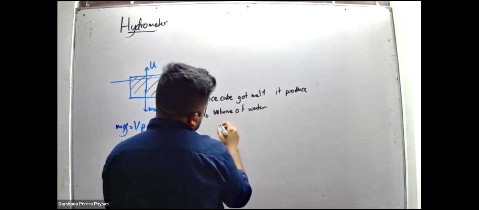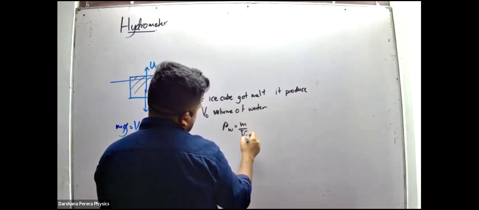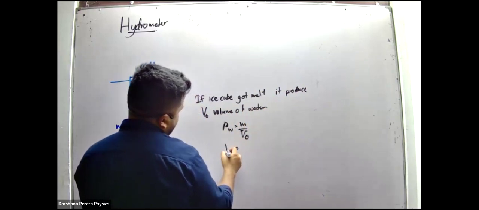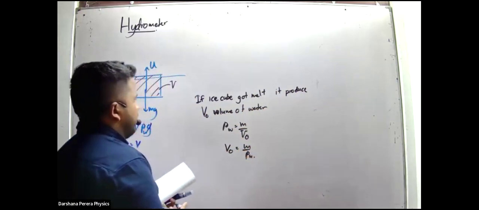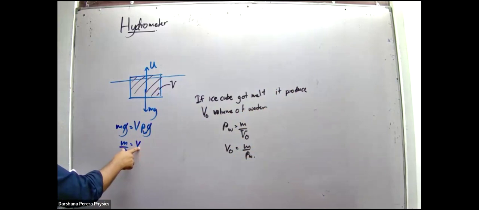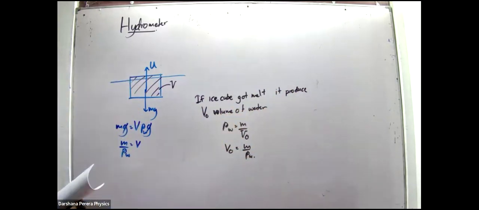So rho W equals m over V naught. Therefore, V naught equals m over rho W. The displaced volume of the water equals the volume produced.